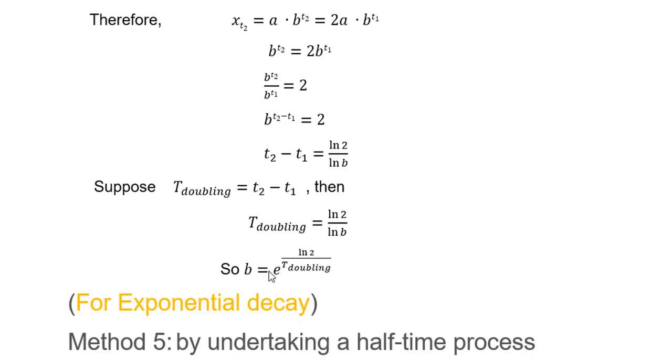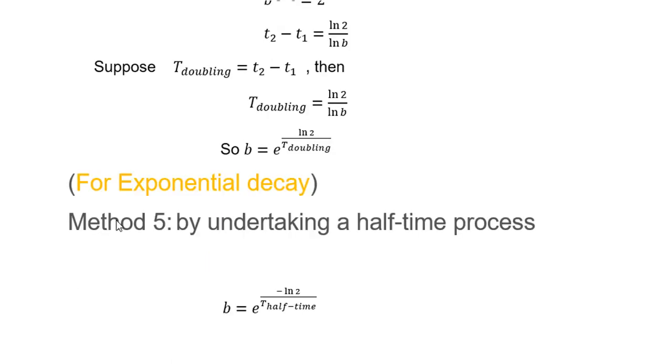So b equals e to the (natural log 2 over doubling time)'s power. For exponential decay, we will use half-time process instead of doubling time process. You will get b equals e to the (negative natural log of 2 over half-time)'s power.